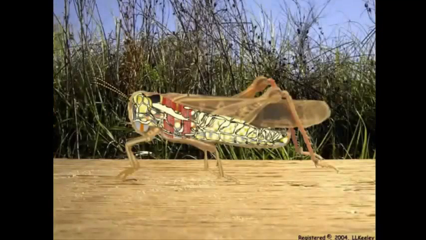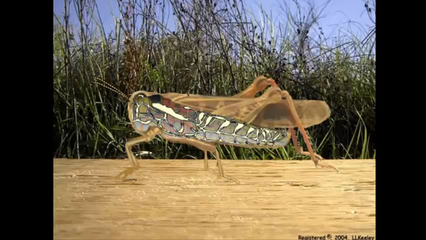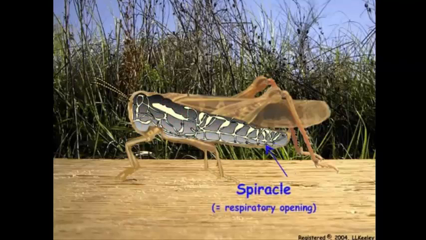Our study of insect internal structure and function will start with the respiratory system. The role of animal respiratory systems is to carry oxygen to the body's cells for oxidative metabolism. In insects, spiracles open to the atmosphere and attach to a network of silvery white tubes called trachea.